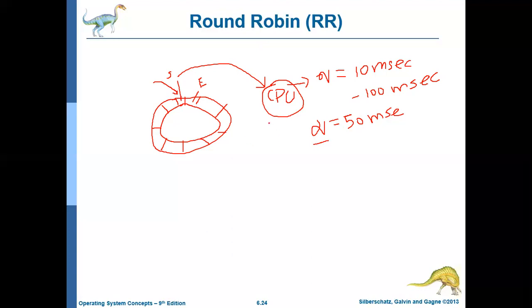But assume that a process is not terminated within this 50 milliseconds. It is still using the CPU, but the 50 millisecond time quantum is over.